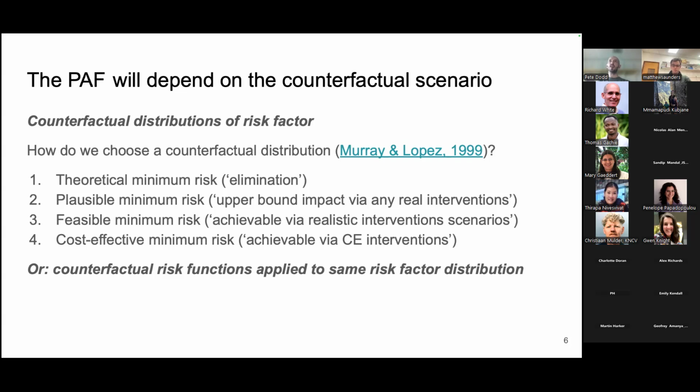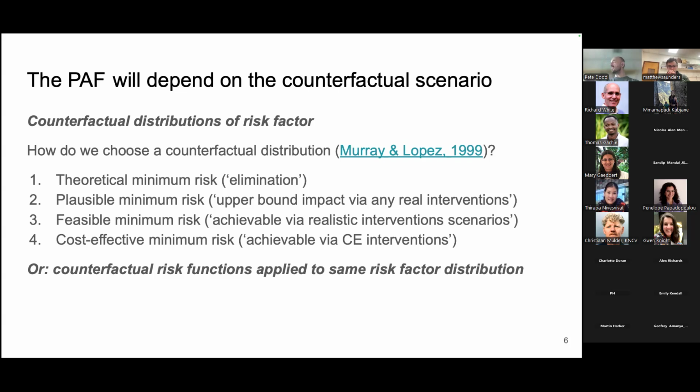And as I say, for us, this one isn't an option because there isn't a theoretical minimum risk in a clean-cut way for BMI. They then think about plausible minimum risk, which is basically thinking about what you could do going absolutely to the max on real interventions. So things that exist, but using them in potentially unrealistic ways in terms of their coverage and combinations.